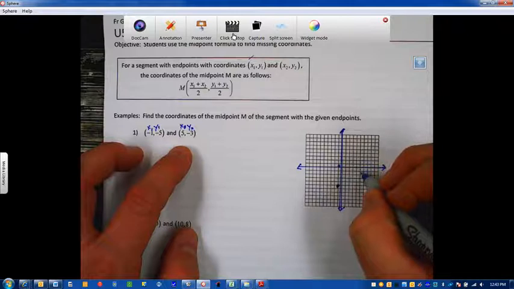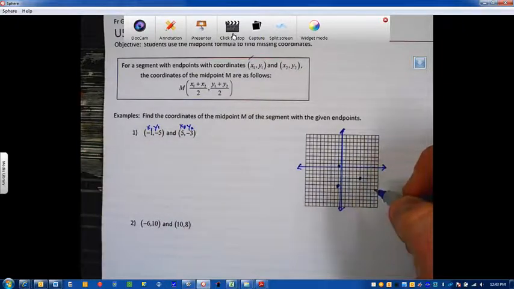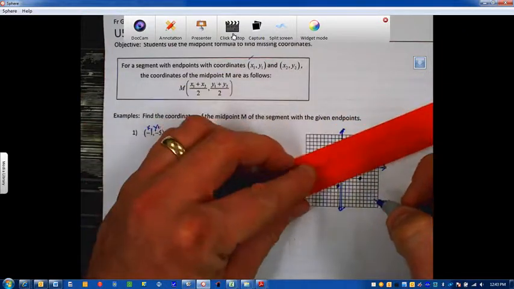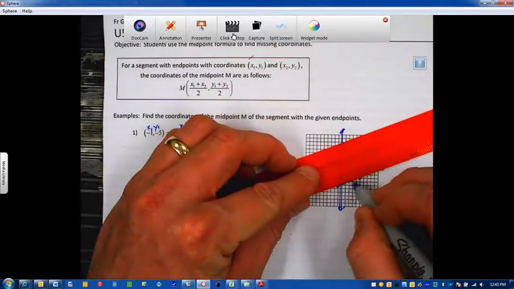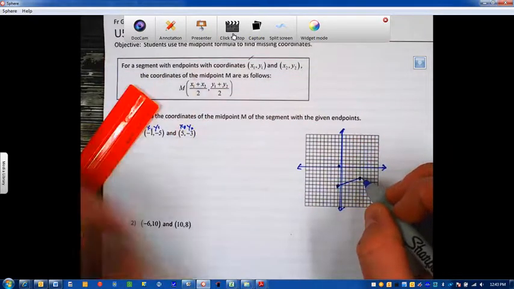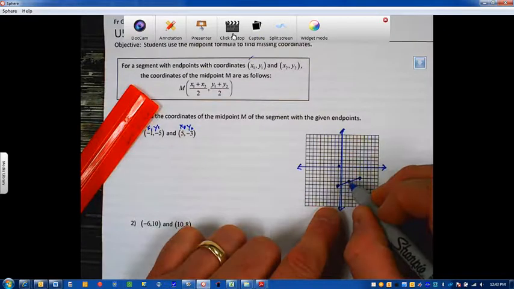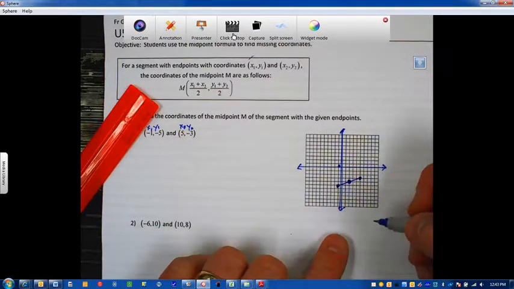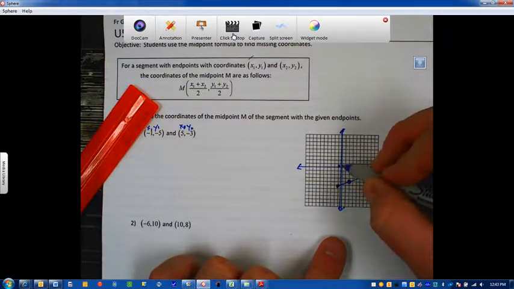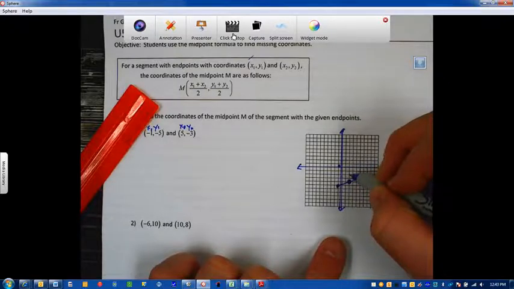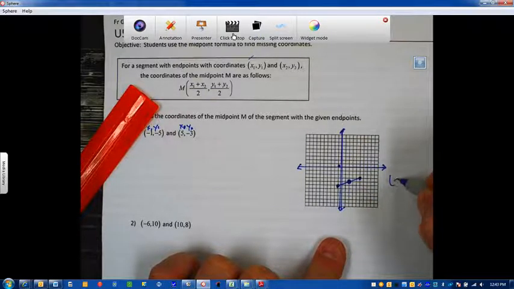Negative 3 is right here. So this is actually the segment that I'm talking about. If you draw it in, looking at the middle, I think this is going to be the middle right there. So that's one way to do it graphically. The coordinates at that point are 1, 2, 3, 4. So I would expect to see a 2, negative 4 pop out of the midpoint.